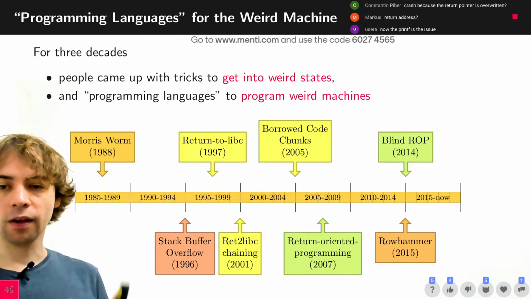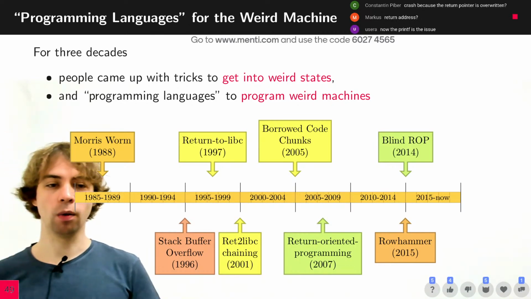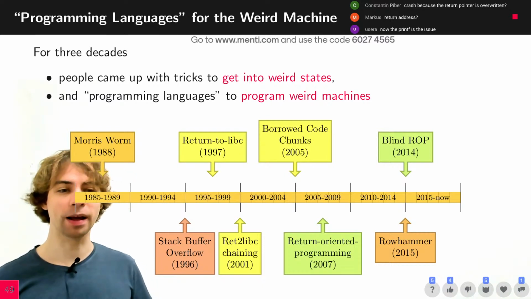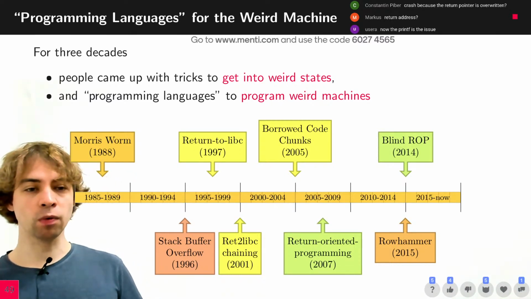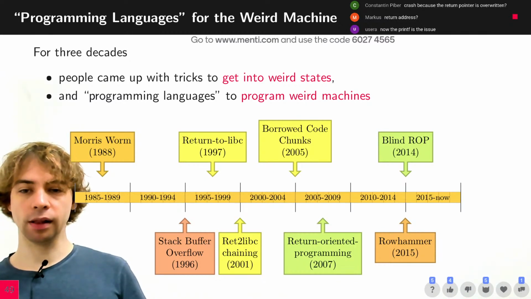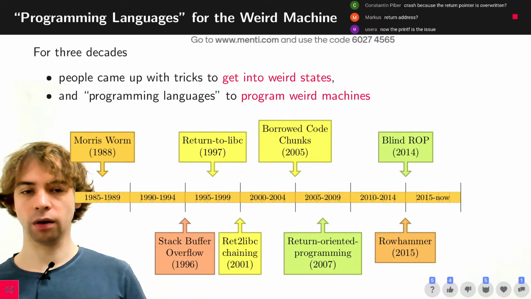So the first was the internet worm, well, internet as far as it existed back then. And this was just using a simple buffer overflow.